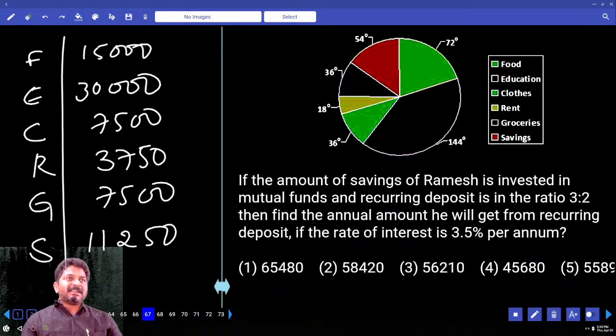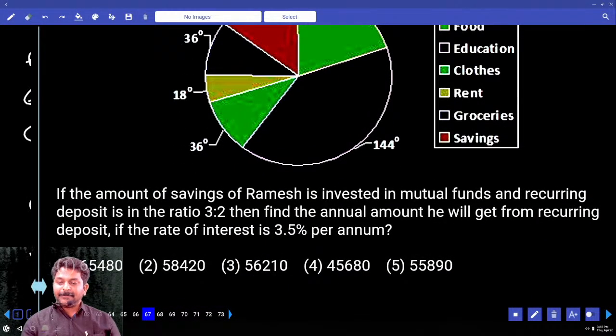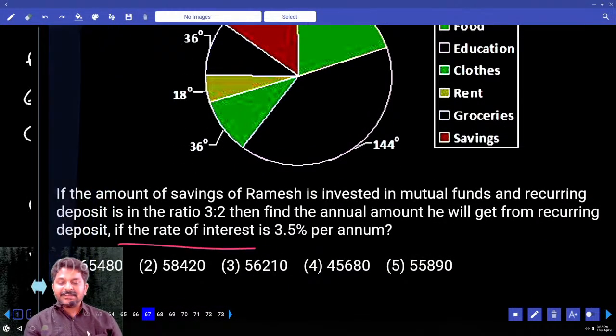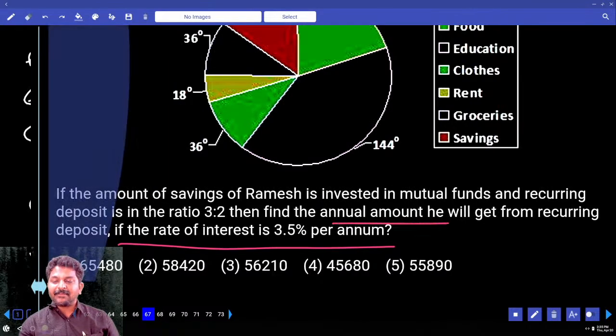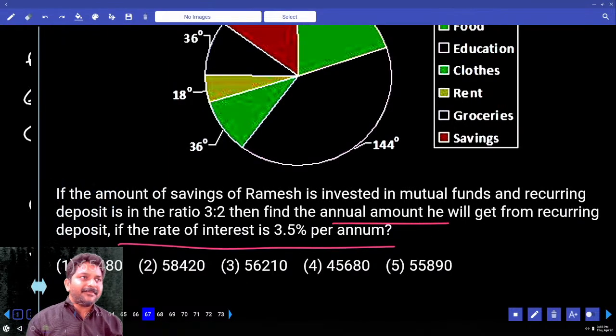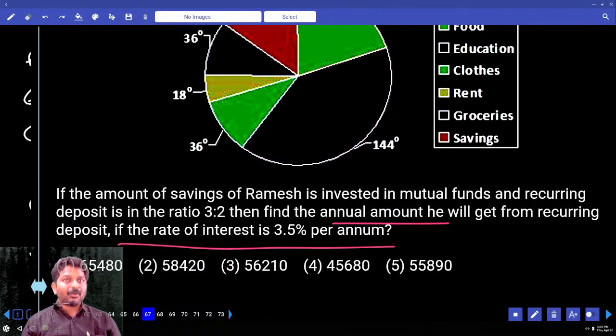So I did not consider anything. It is mentioned how much interest we are getting: 3.5%. And our question is to identify the annual amount only. Suppose I deposit 100%, after 1 year how much do I get? 103.5%, correct?